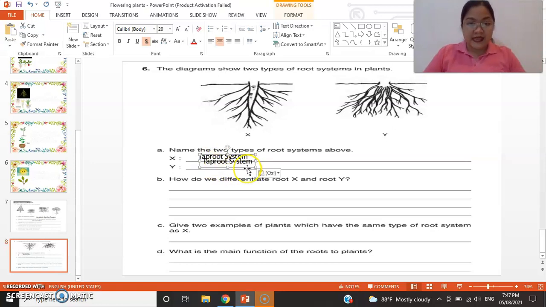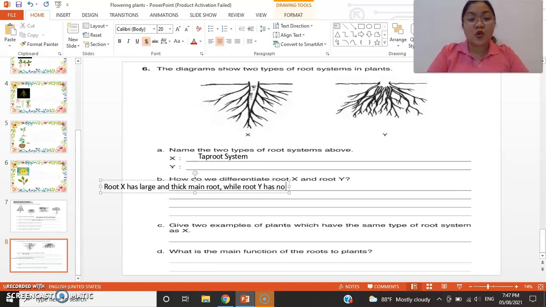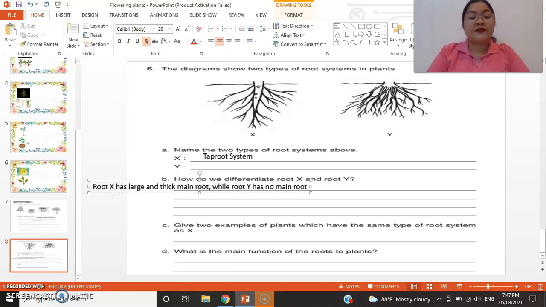What is your answer? Alright, very good. Root X has a large and thick main root, while root Y has no main root.